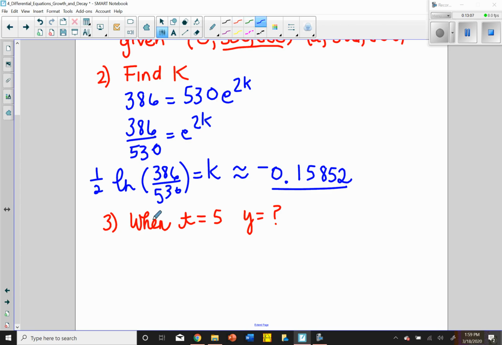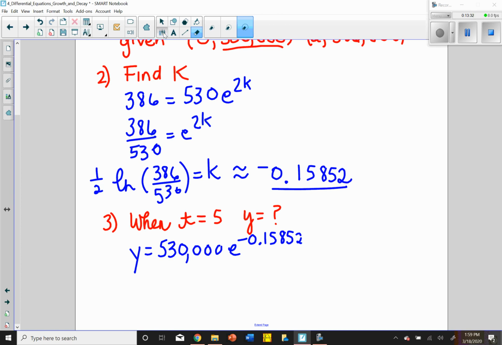We already know our model is y equals 530,000 e to the negative k t, and we're substituting 5 in there.